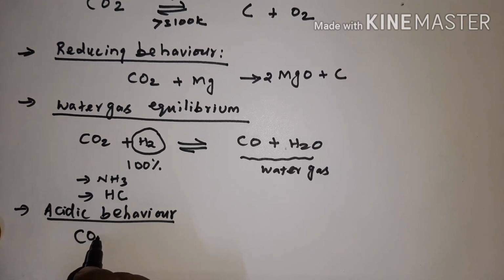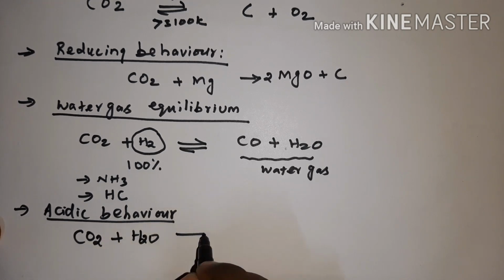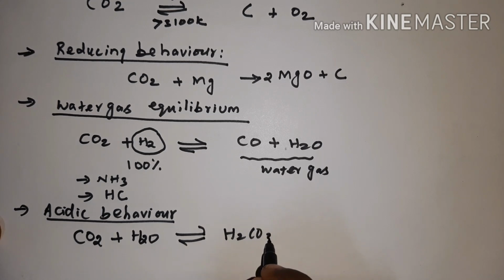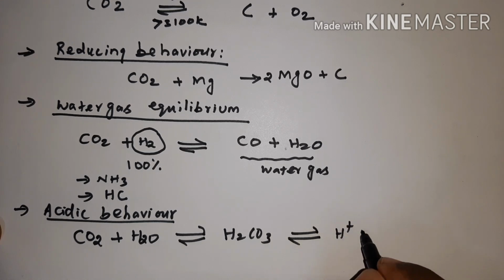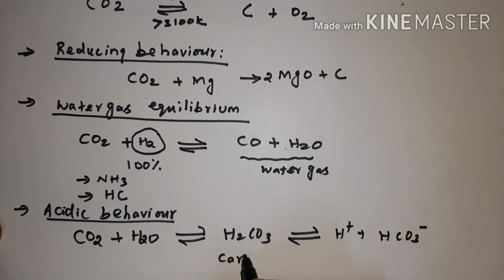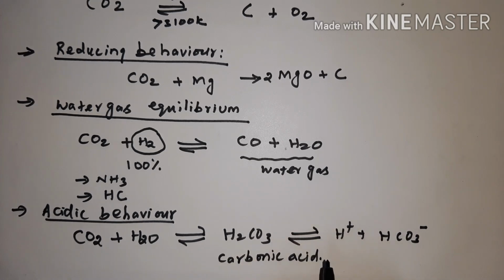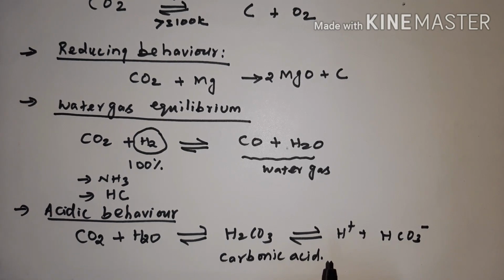So carbon dioxide plus water first forms H2CO3. This is carbonic acid. Since it is an acid, it will produce hydrogen ion H+ and HCO3-. So H2CO3 is carbonic acid. Okay, so these are the properties of carbon dioxide.